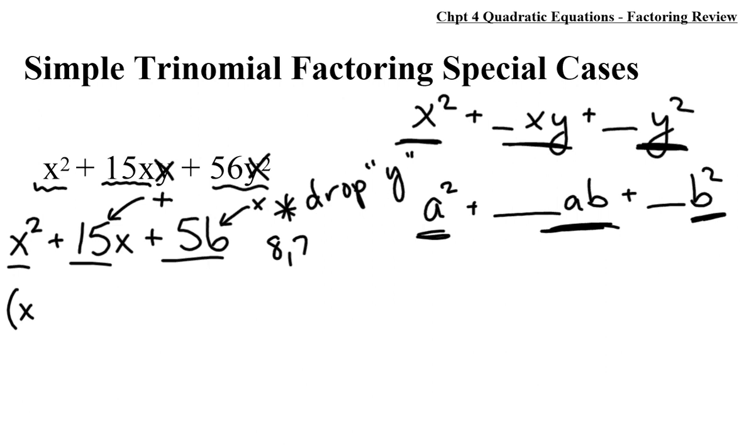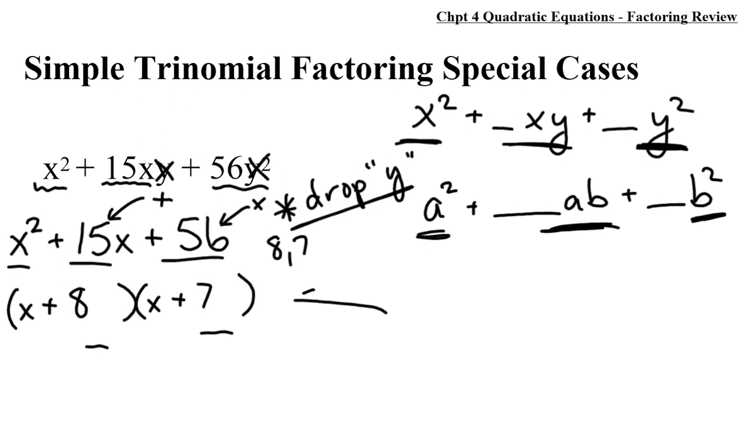So I'm left with x plus 8 and x plus 7. But notice I left a little bit of a gap here, because after we drop the y, we replace the y. The y needs to go back in, and we have just one y in for each.